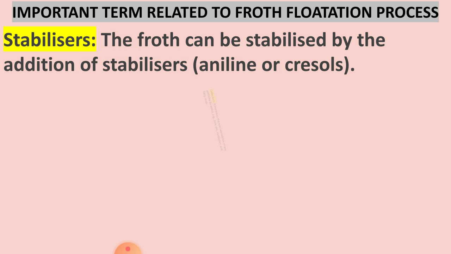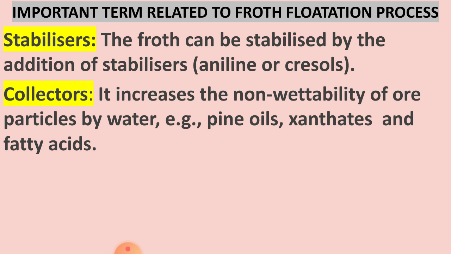Now one more term you have to know in relation to the froth flotation method is the collector. It increases the non-wettability of ore particles by water. For example, pine oils, xanthates and fatty acids. So that means by addition of these oils, the ore particles are wetted by oil and gangue particles are wetted by water. That's why it increases the non-wettability of ore particles.